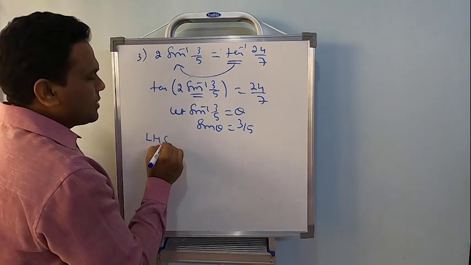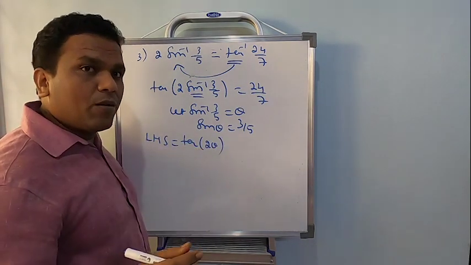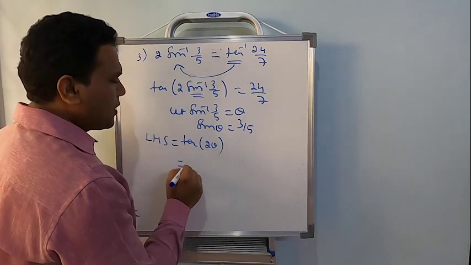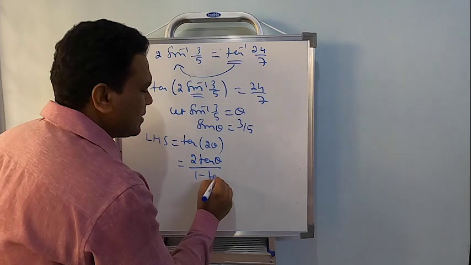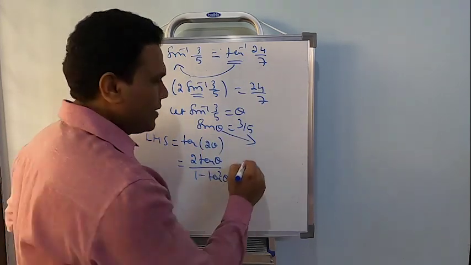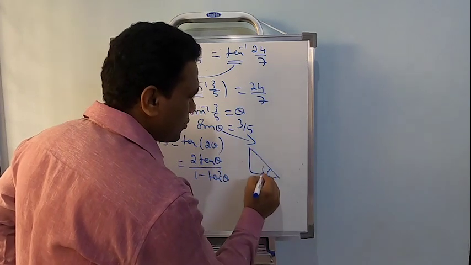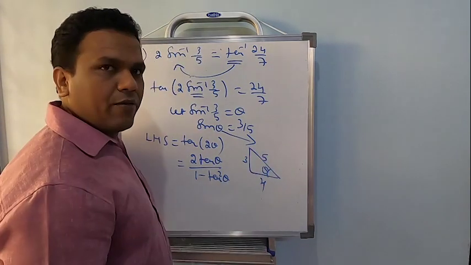So what happens to LHS now? LHS will become tan 2 theta. Write the formula of tan 2 theta. What is the formula? 2 tan theta by 1 minus tan square theta. That means from this I want the value of tan. Complete the triangle. So this is theta, this is 3 and this will be 5. Of course this is going to be 4.